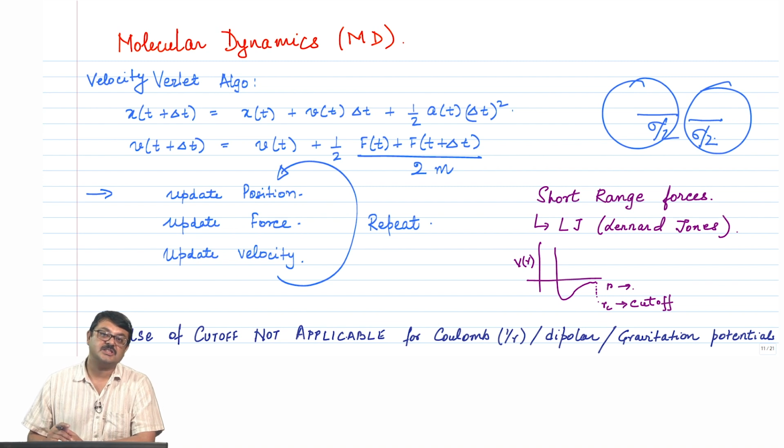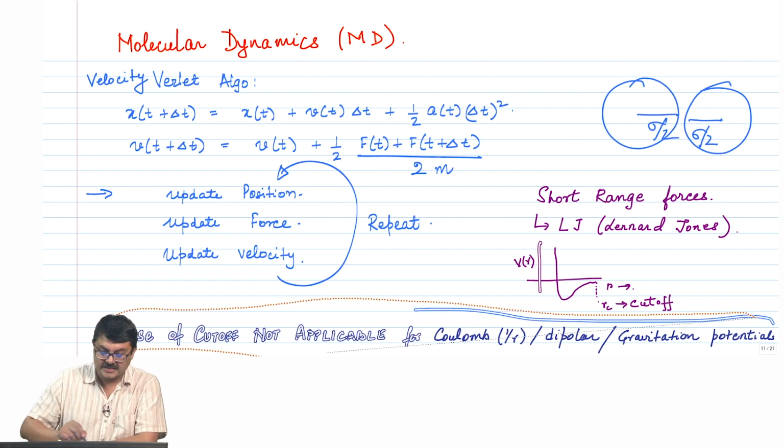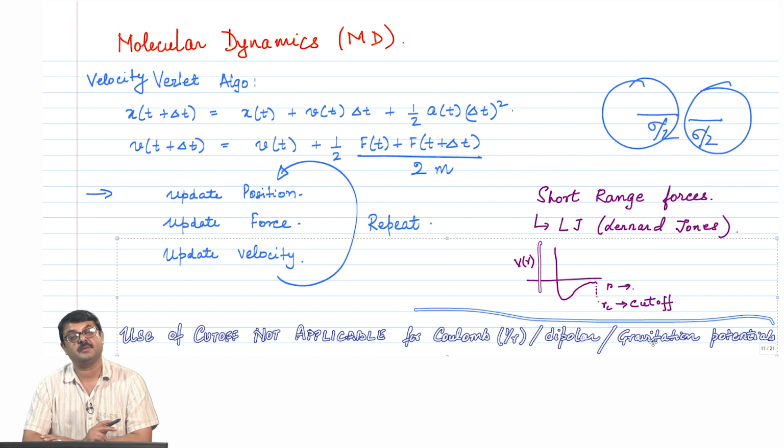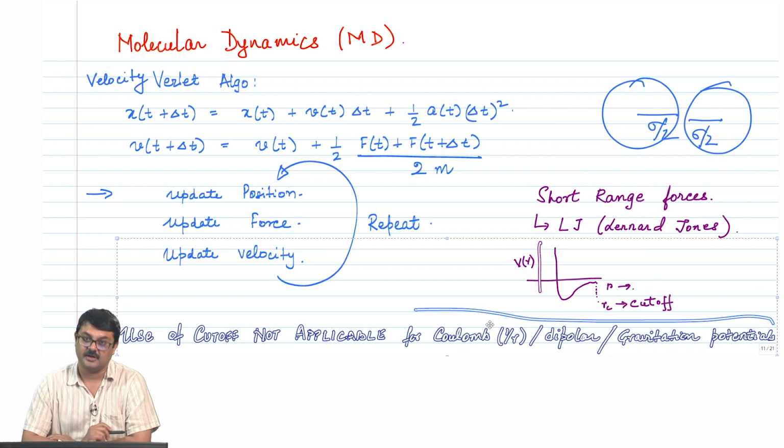So, this is a sharply changing force. However, if you had to work with interactions such as the Coulomb or the dipolar or the gravitational interaction, where basically V of r goes as either 1 by r for Coulomb and gravitation, and for dipolar it goes as 1 by r square, those are long range forces and one cannot use the concept of a cutoff.